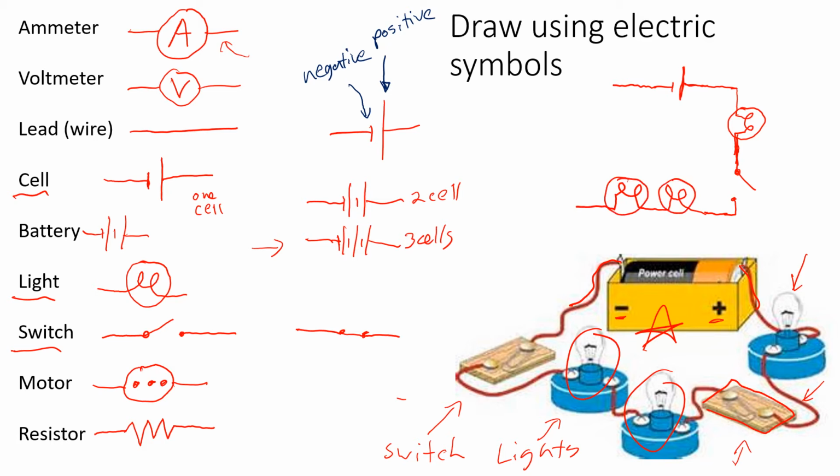Then we have another switch right there. In between there are wires, but then we have another switch, and I'm going to draw this switch going up like this. And then back to the battery, or the cell, I should say.